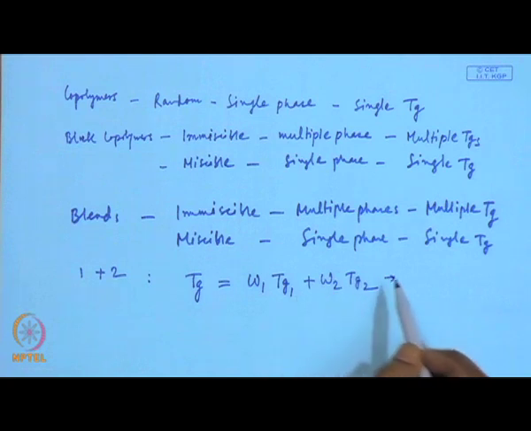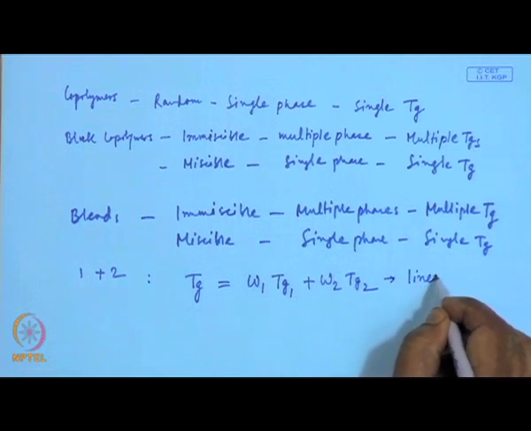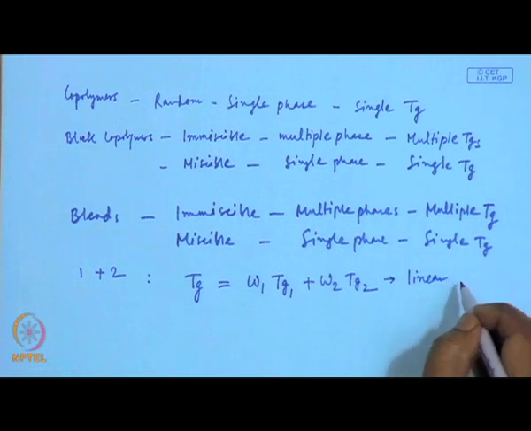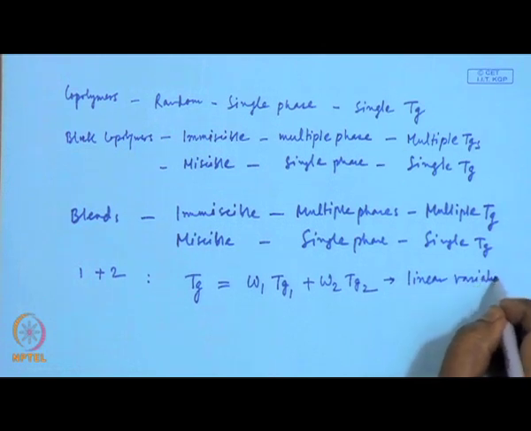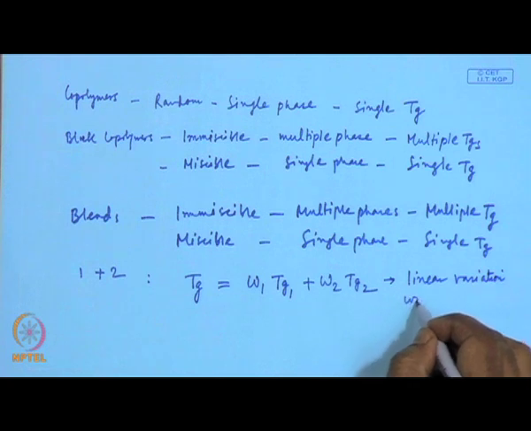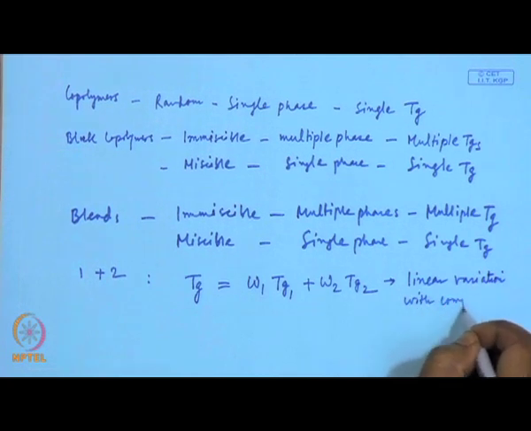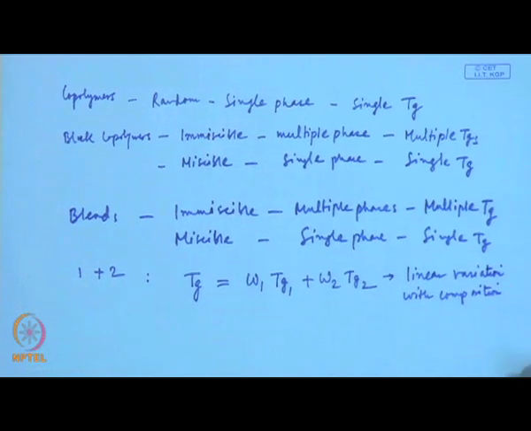Now, this equation gives a linear or straight line variation with composition. So, if you vary composition, you get linear variation by this equation. Now, this generally overestimates the Tg of the copolymers or blends slightly.